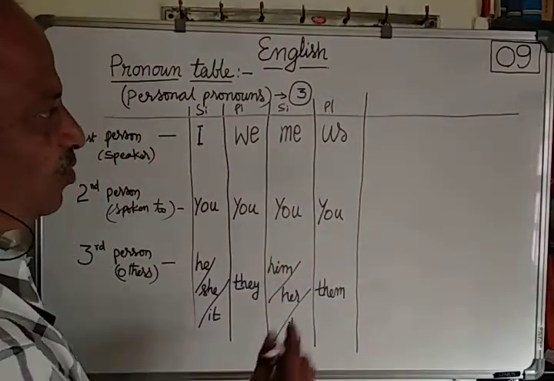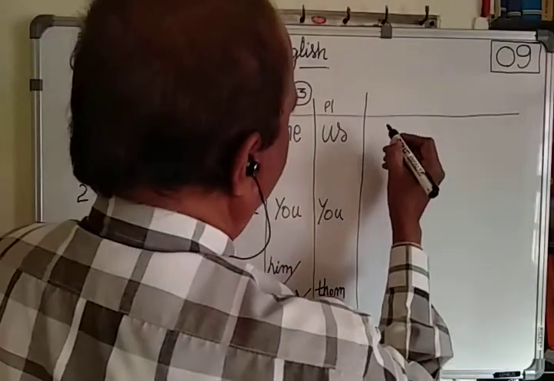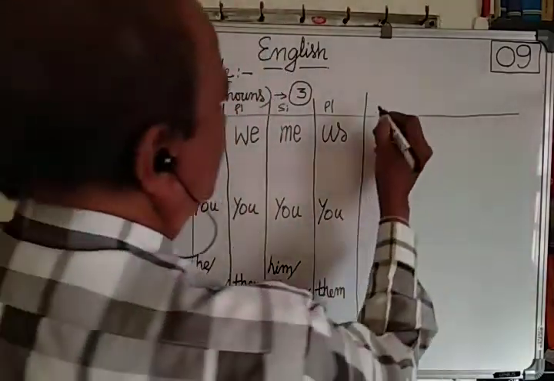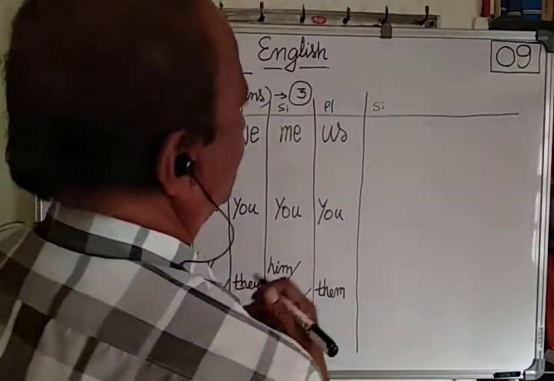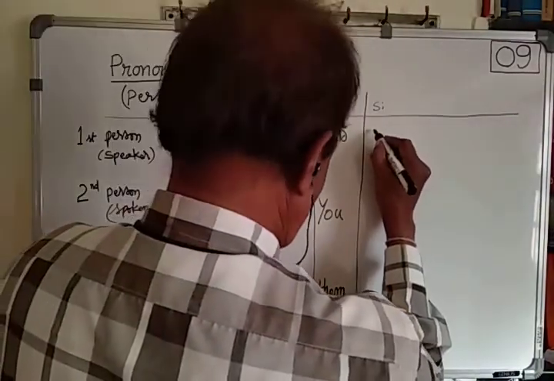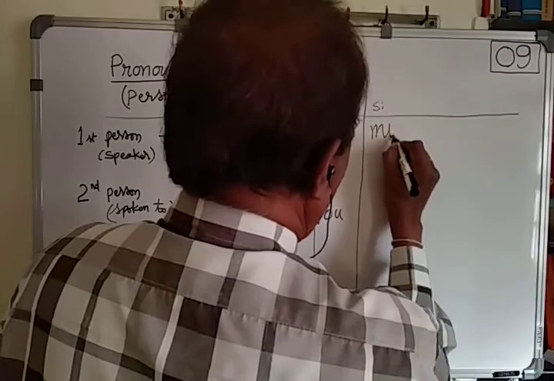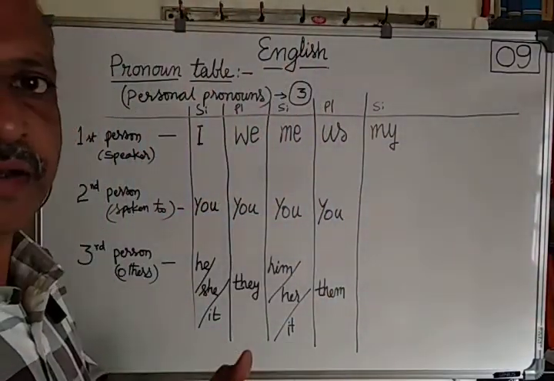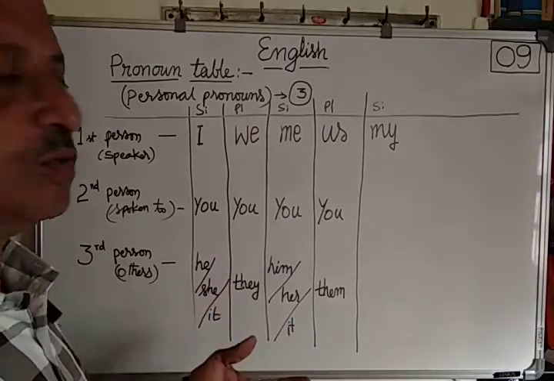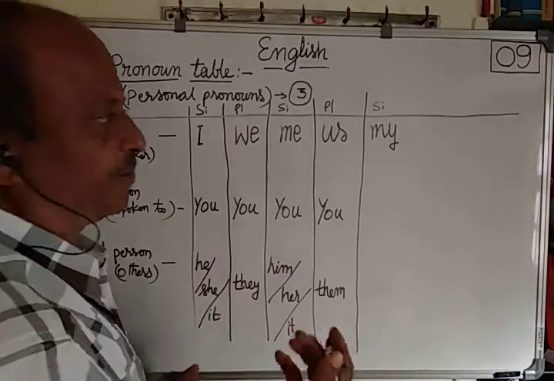Now possessive case. That means possession. They show possession. For example, my, first person. Whatever is mine, I say, this is my book, my bag, my school, my classroom, my house, my mother, my father.